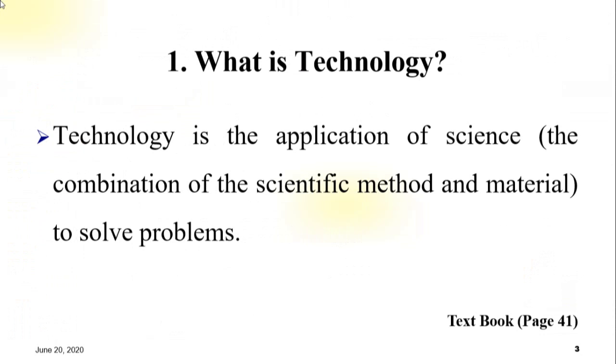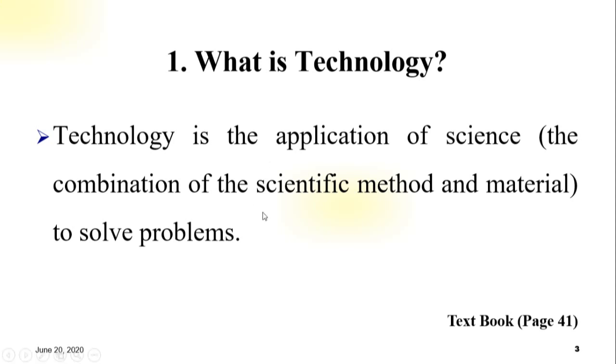What is technology? You know about technology. Technology is the application of scientific knowledge for practical purposes, especially in industry. Purposes means practical goals or practical objectives, especially in industry or factory.